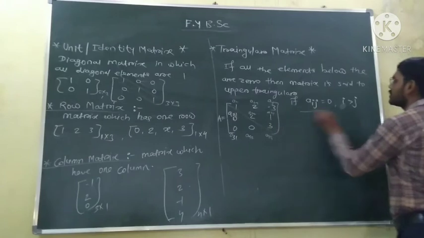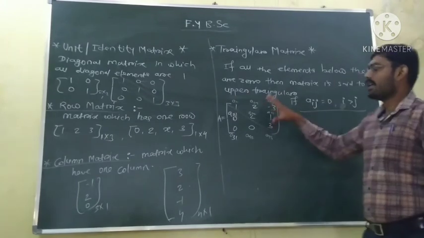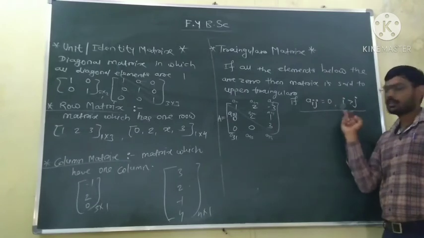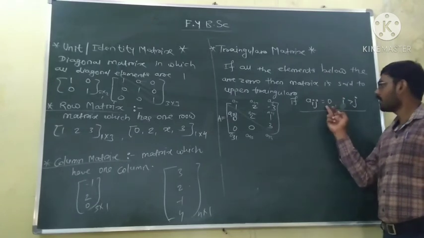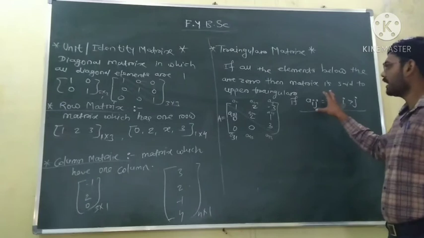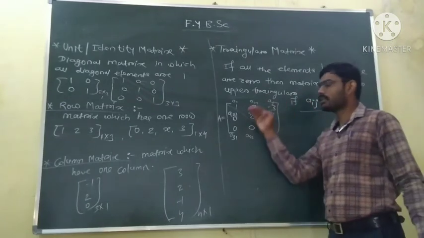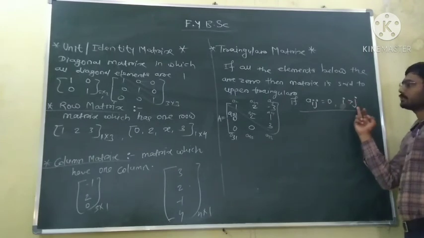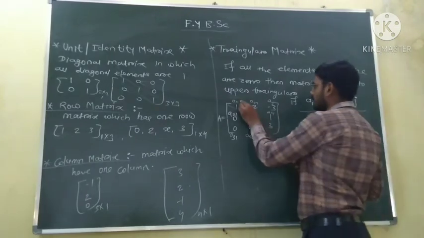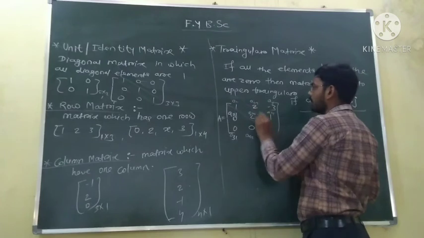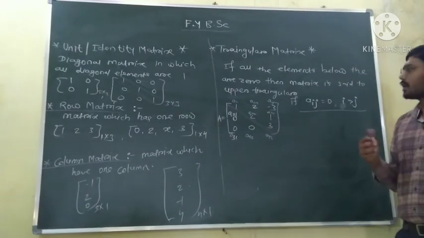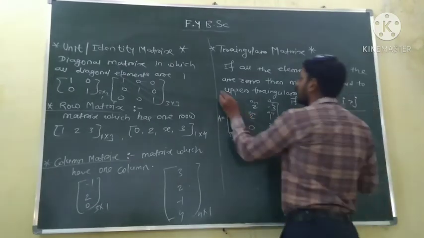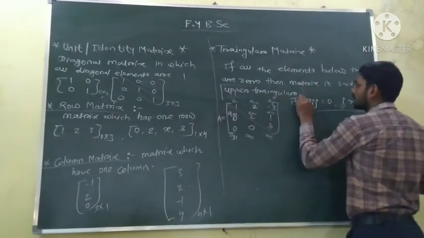This criterion indicates that the elements below the diagonal are 0. If we take i less than j, then those elements come under consideration. So this is the definition of upper triangular matrices.